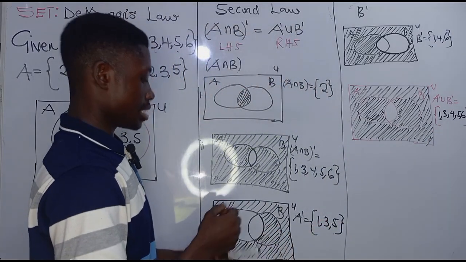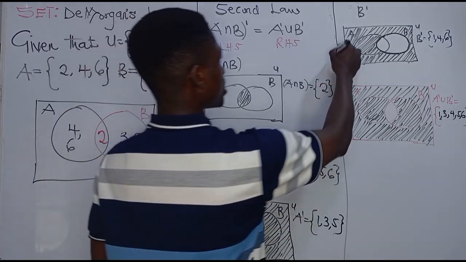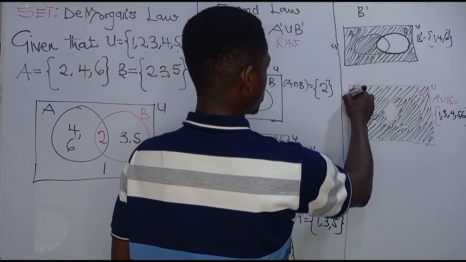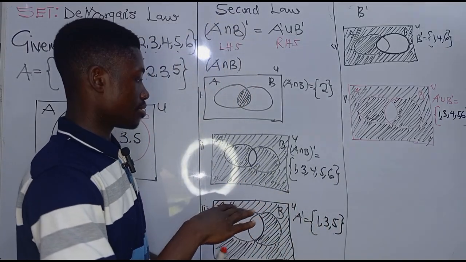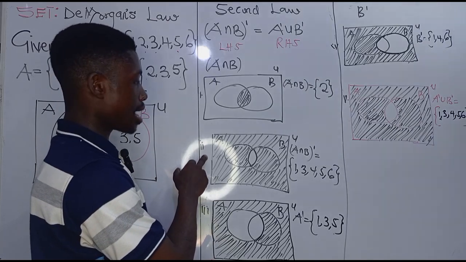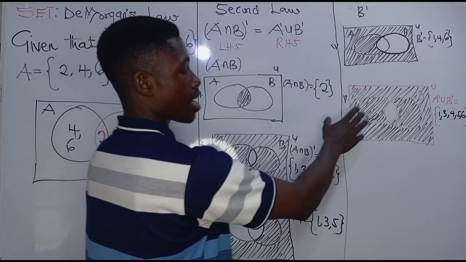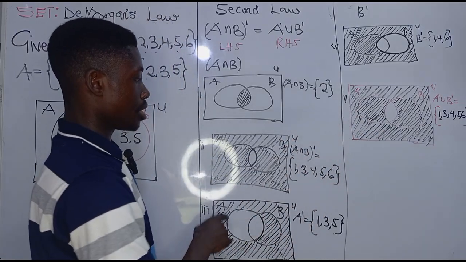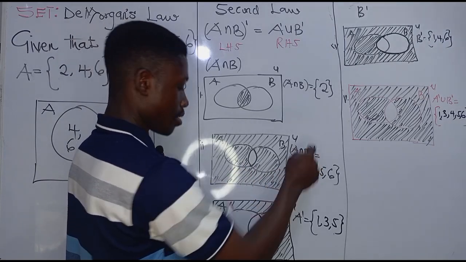Good. Now let's label this one I, and let's call this one II. Now you can observe from the Venn diagram I and Venn diagram II, they are equal. The Venn diagrams are equal. And you realize that with I, it is what? A intersection B, or complement.